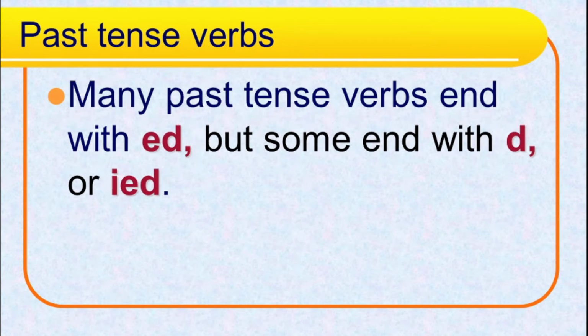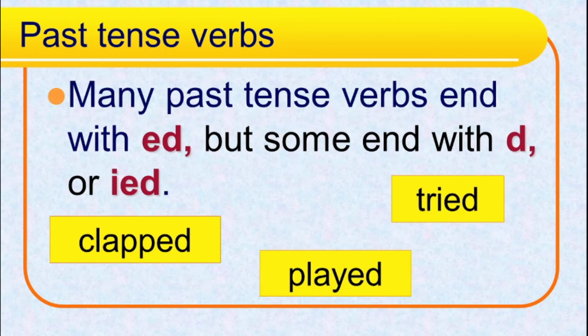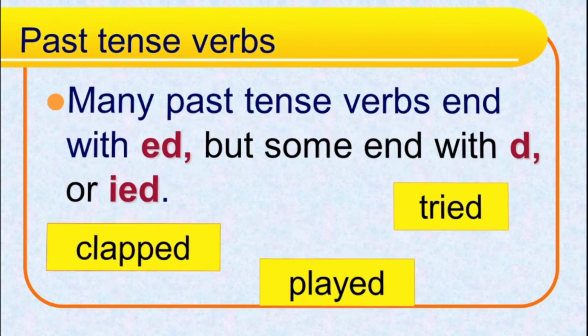Many past tense verbs end with ed, but some end with d or ied. Examples: clapped, played, tried.